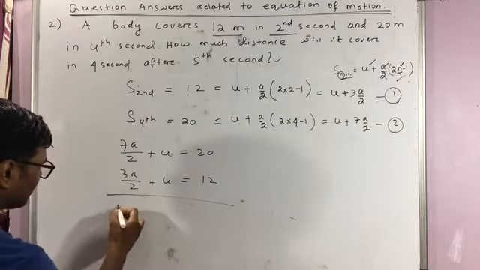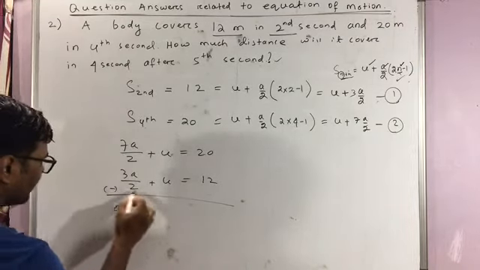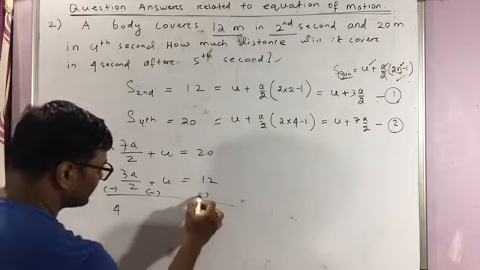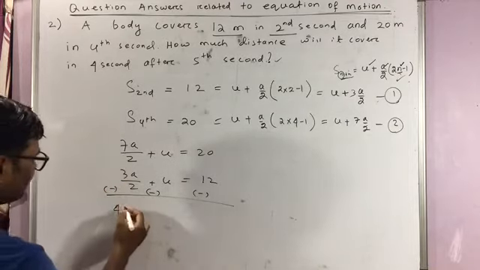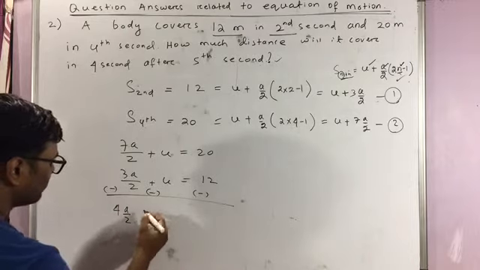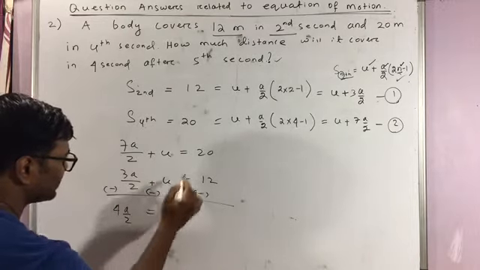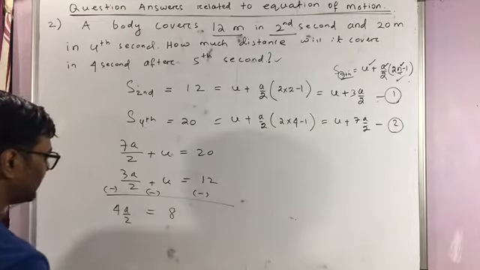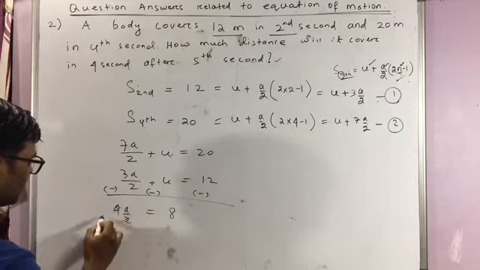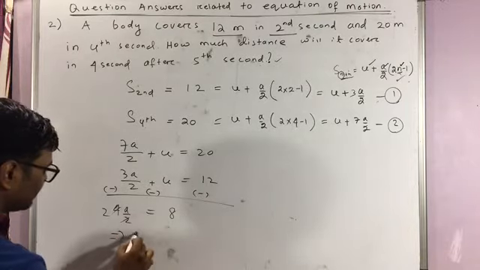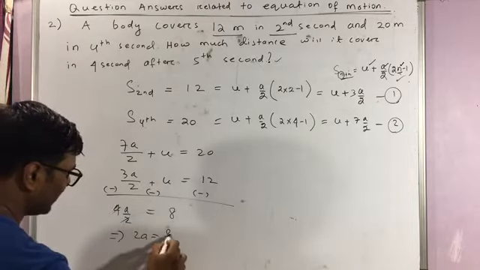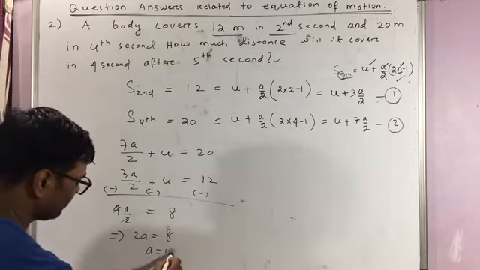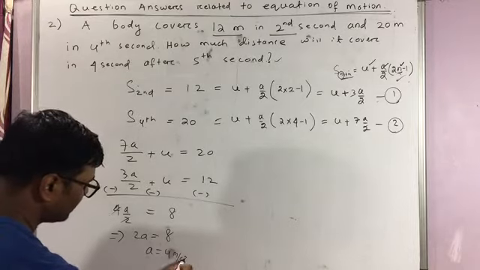Now subtracting this minus this, which is 4a by 2, u got cancelled, which is equal to 8, which is 2a. So 2a is equal to 8, a is equal to 4 meter per second square.